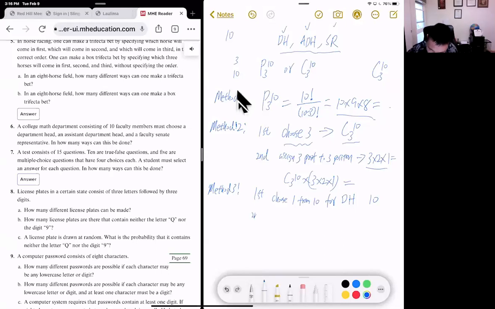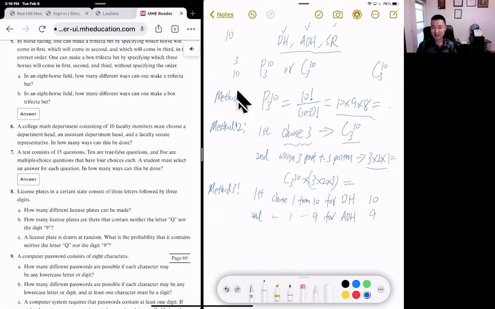The second step, we choose one professor from 9, because we picked one already, so we have 9 professors remaining for the second position, assistant department head. How many ways? 9.